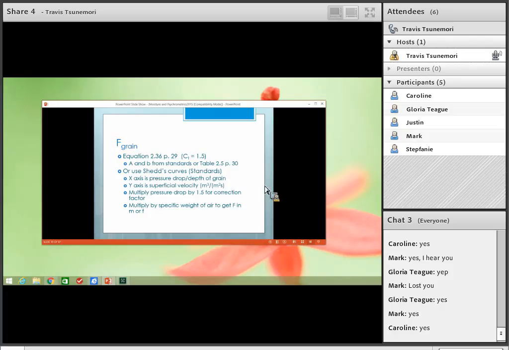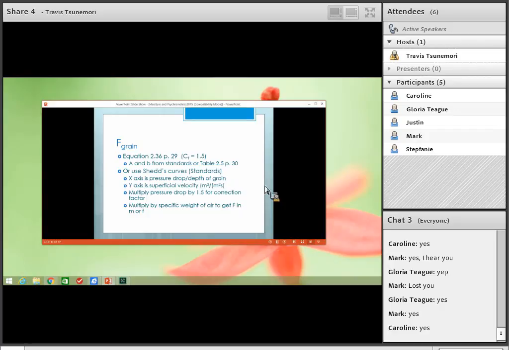And when we use Shedd's curves, again, we multiply the pressure drop by 1.5 for the correction factor. That's talked about in the footnotes of Shedd's curves. And if we want to convert to meters or feet of pressure loss, we're going to multiply by the specific weight of air.